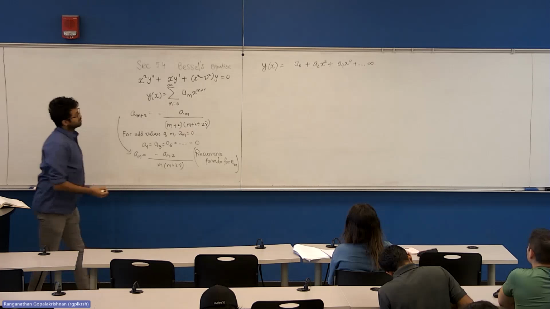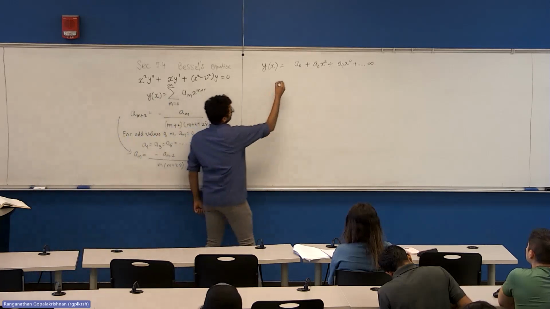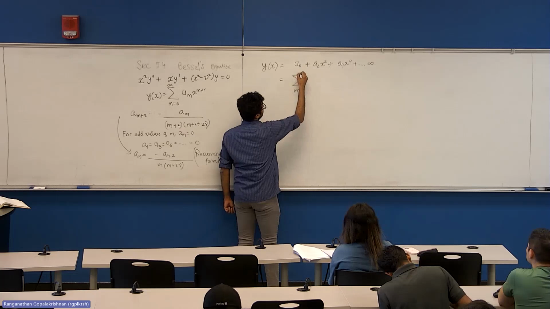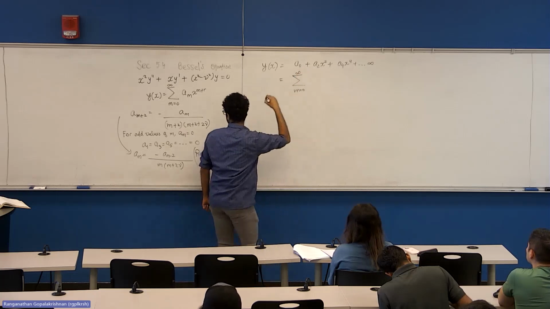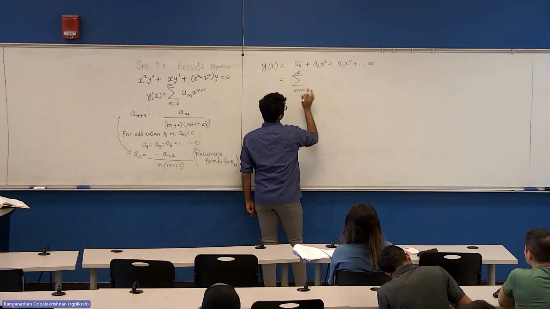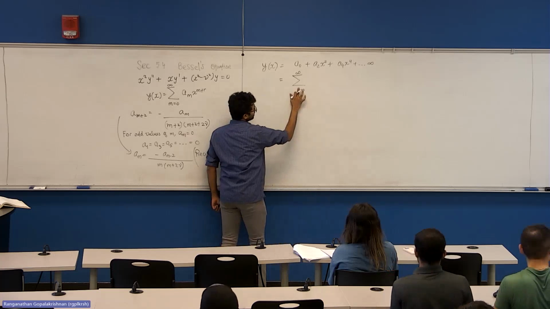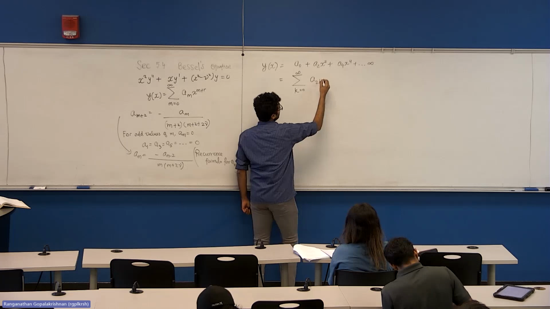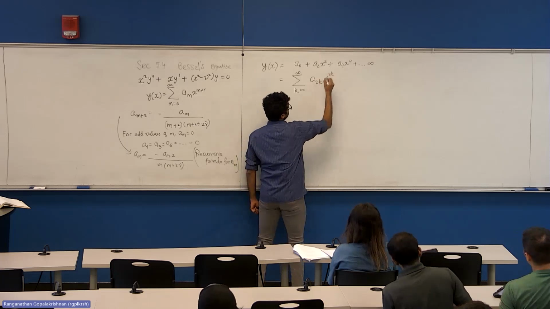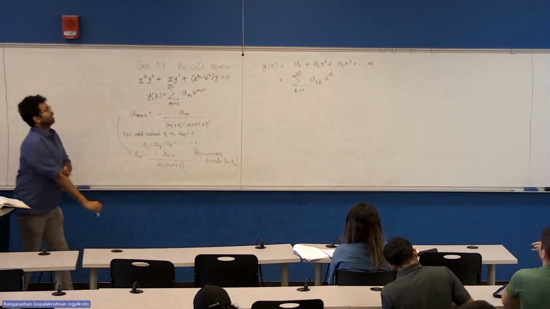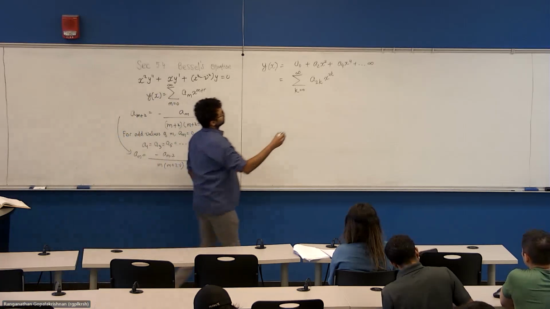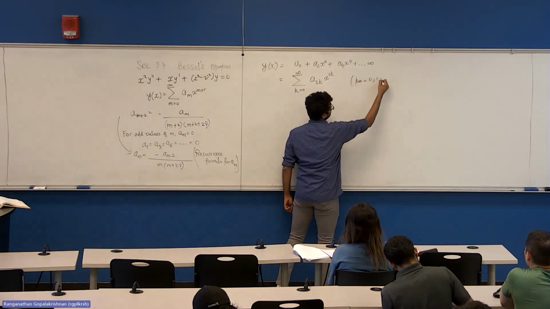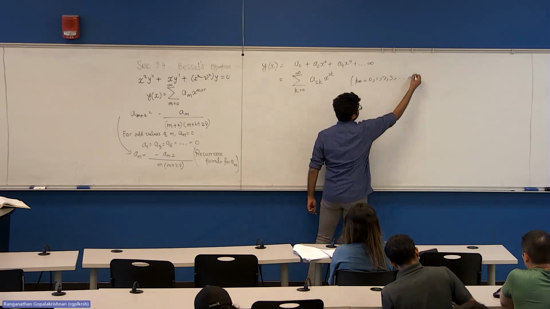You can also express this as a summation. For clarity I'll use k instead of m, k equals 0 to infinity, you have a_2k x^(2k), where k takes values 0, 1, 2, 3, and so on up to infinity.